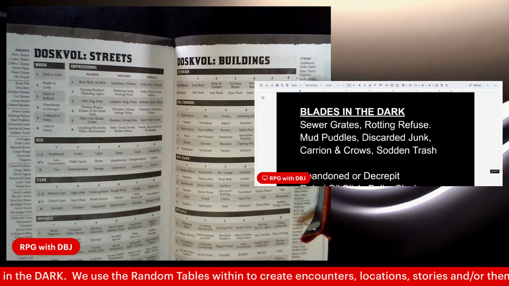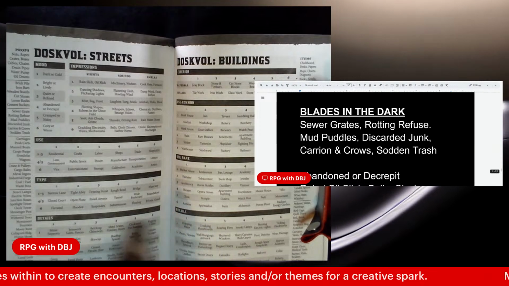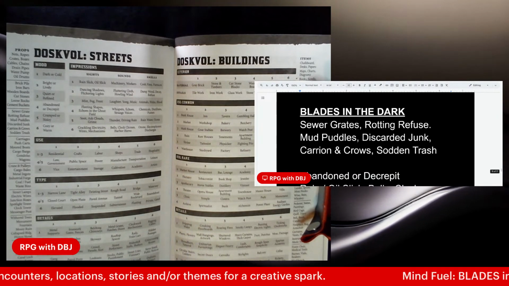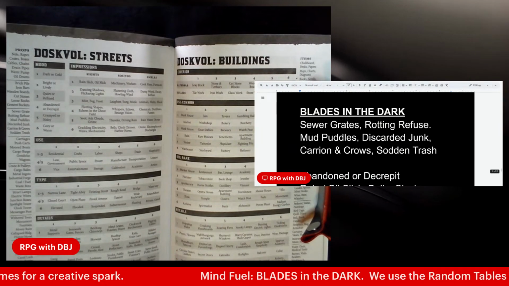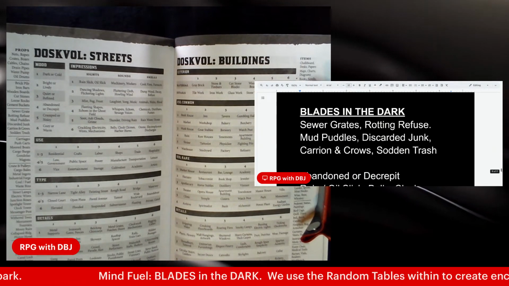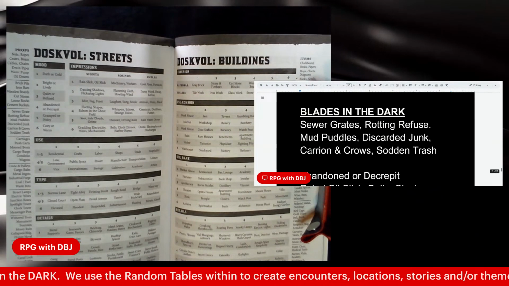Is it a quadrant table that you roll vertically and horizontally to find something in the middle? However you want to do your bell curve tables or whatnot. Does it reinforce the themes of your game world? And write those things down.